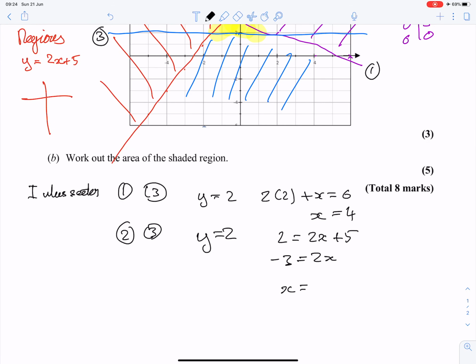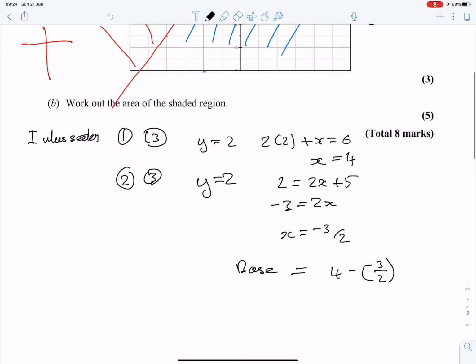So x equals negative 3 over 2. So the base, which I'm taking as the distance between these two, is 4 take away negative 3 over 2, which is 11 over 2, thinking of the 4 as 8 over 2. So we've got the base.